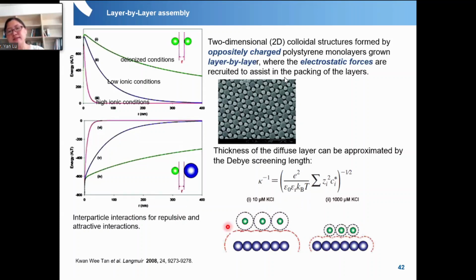So these authors did this deposition at different salt concentrations, and they found they can actually change the thickness of these particle films. This is very nice, of course, for the fundamental understanding of salt-induced screening of the surface.